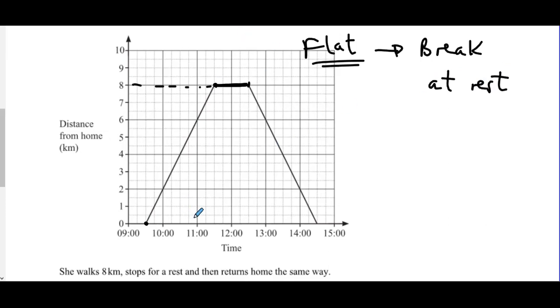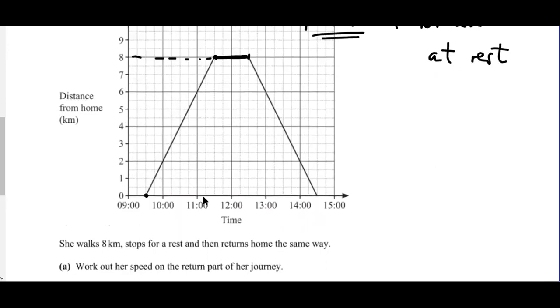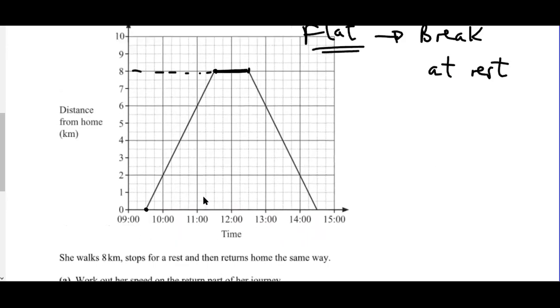Okay. Now, she walks 8 kilometers, stops for a rest, then returns home the same way. So she walked all the way. After 8 kilometers, she had a break. And then after a break, for how long? That you can calculate. How long was she resting? You read this time here, and also you read this time there, in order for you to know how long Angelique was resting.